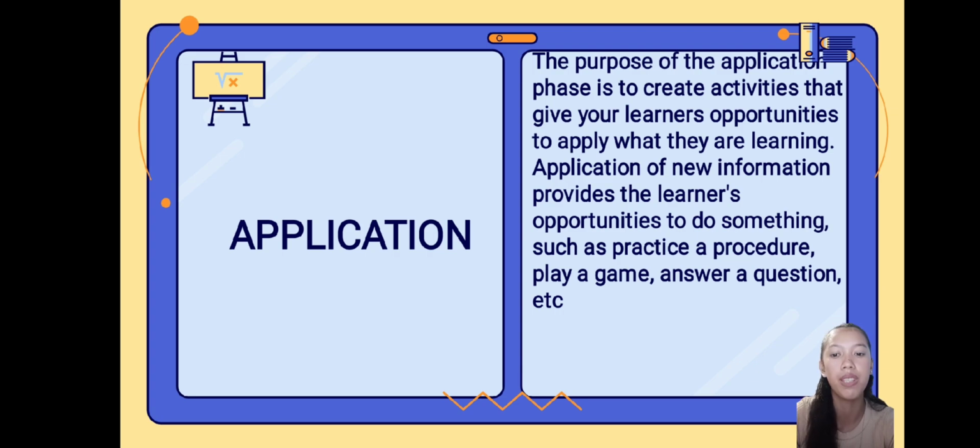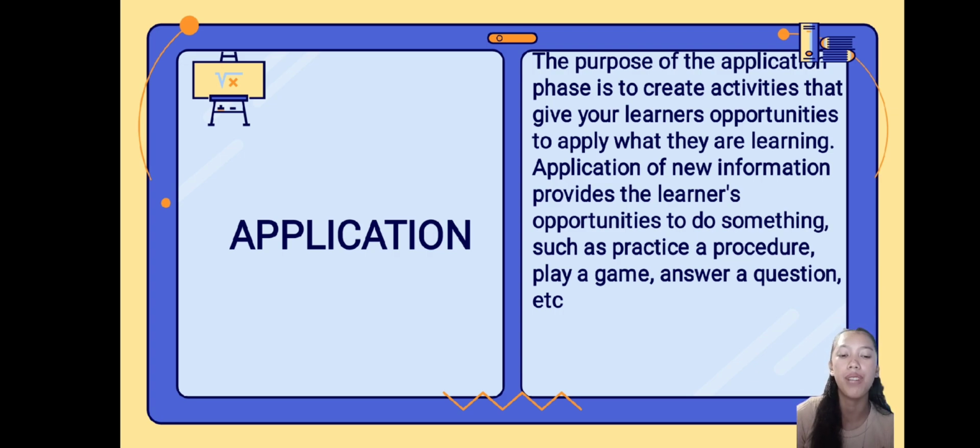Here in application, Merrill also believed that answering multiple choice, short answer, or matching questions, which rely on the learner's memory, is not sufficient for the application aspect of learning.